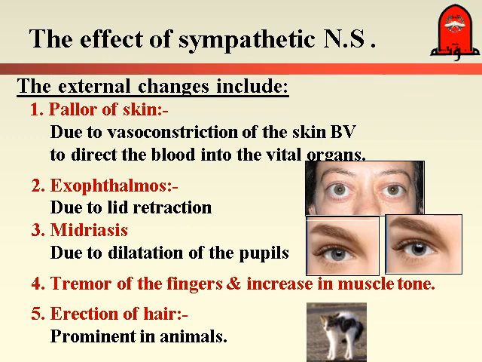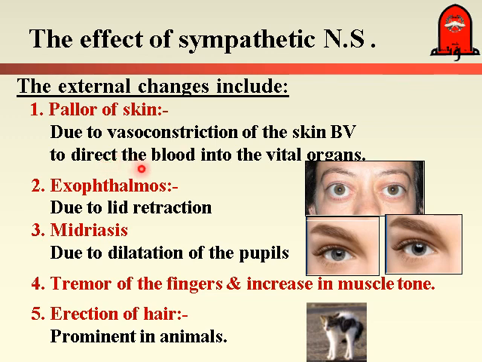Generalized stimulation of the sympathetic nervous system will show itself on the body and in the internal organs. The signs and symptoms that appear on generalized stimulation, which we call external changes, include, firstly, pallor of the skin, which means pale skin with decreased blood flow to the skin, and this occurs due to vasoconstriction of the blood vessels. Why is there vasoconstriction?